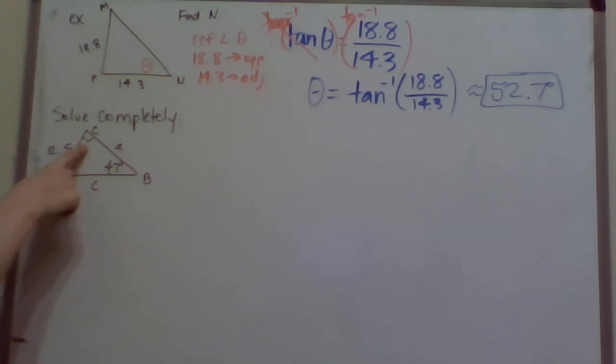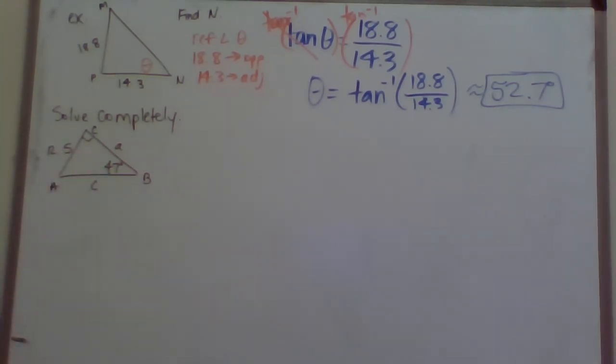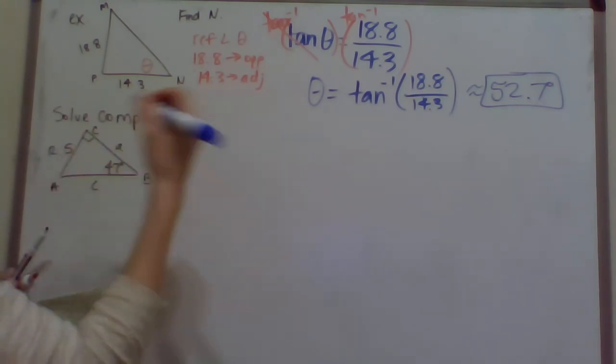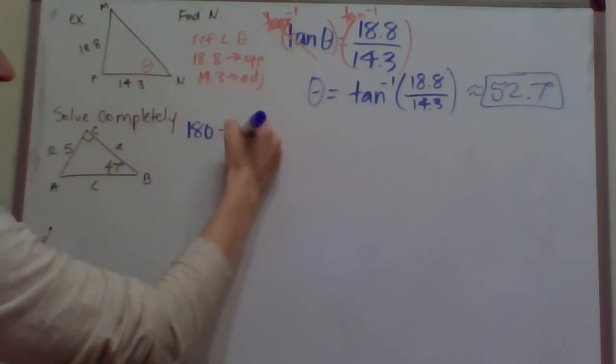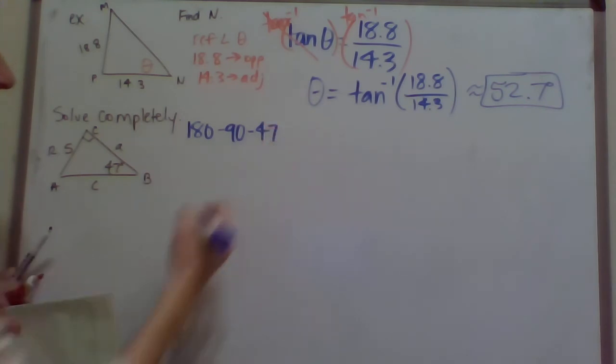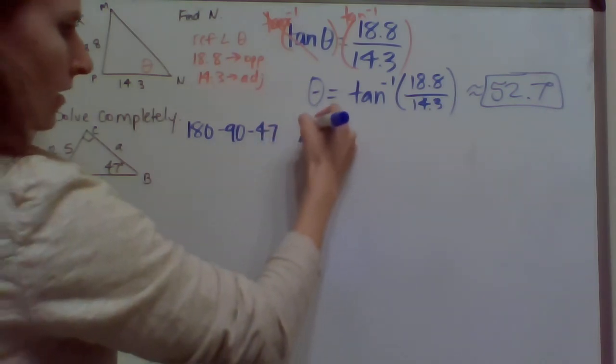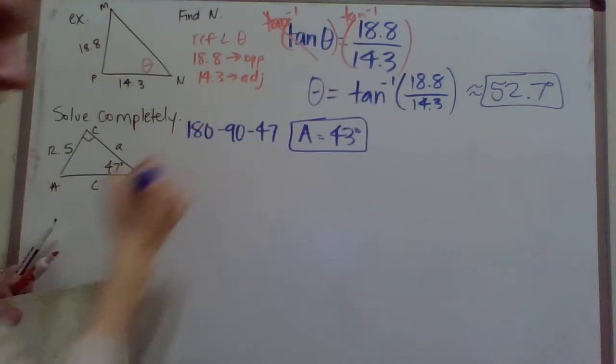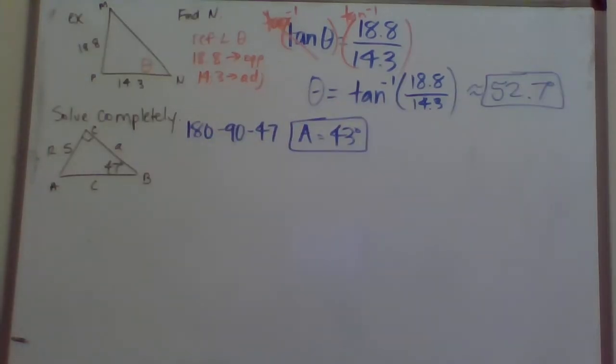If this is a 90-degree angle and this is a 47-degree angle, and I recall that every triangle must have three angles that add up to 180 degrees, I'm just going to go ahead and solve for angle A off the bat and say, okay, well, 180 minus 90 minus 47 gives me angle A, which is going to be 43 degrees. So there's one of my answers off the bat. That solves for the third angle.